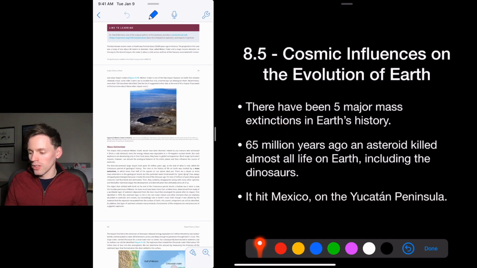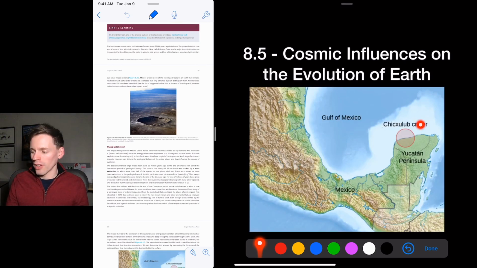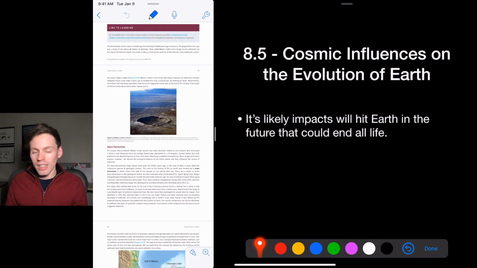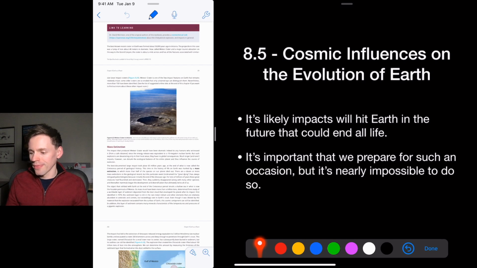It hit Mexico on the Yucatan Peninsula, out here, the Chicxulub crater, and it's likely that Earth will get hit by asteroids in the future. It's important that we prepare for such an occasion, but it's also nearly impossible to do so. Why?